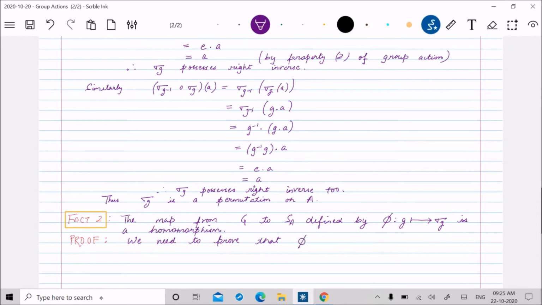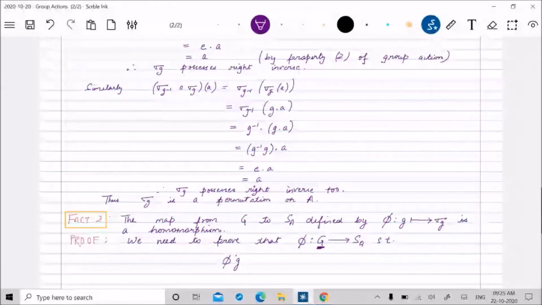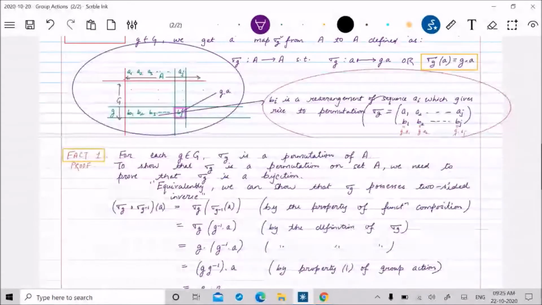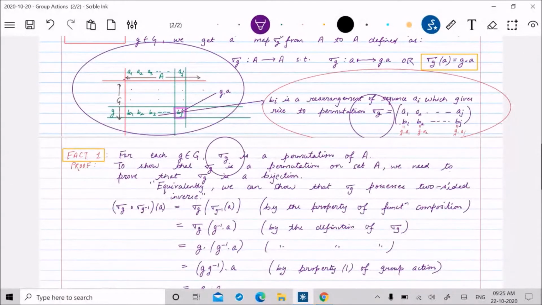The map phi is from group G to the symmetric group SA, such that the element of this G will be little g, and the image must lie in this, and that should be equal to sigma g, as you just mentioned here that sigma g is a permutation of capital A, so it should be a member of SA, right?